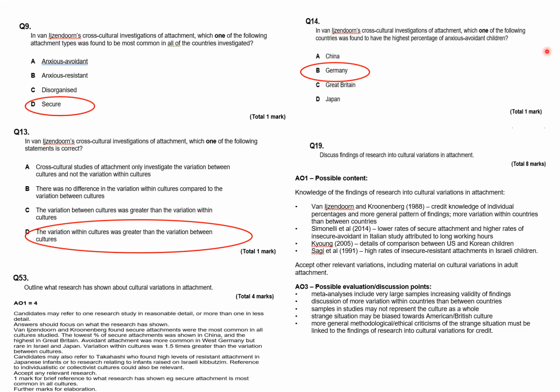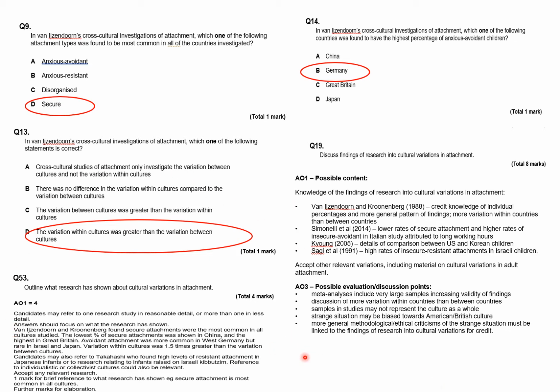Were you getting your type A and your type C attachments muddled up, or did you just miss a clue in the wording? Particularly number 13, the difference within cultures and between cultures, making sure you're clear on that intra and inter that we looked at last lesson. So you can self-mark your own and green pen those, and then you can see that for the longer questions, the 8-marker here, I've included the possible content and the same for the 4-marker.